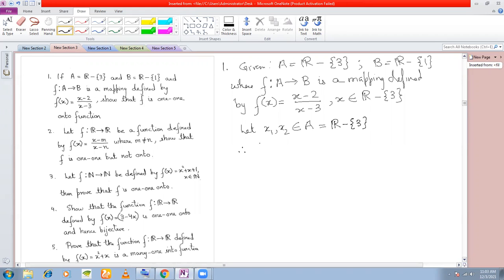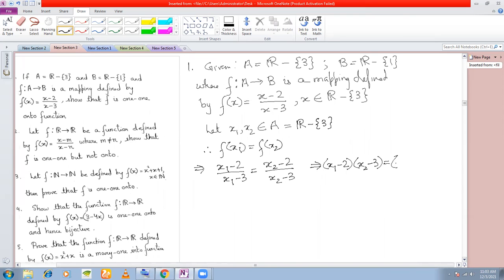So therefore, f(x1) equal to f(x2) means (x1 minus 2) by (x1 minus 3) is equal to (x2 minus 2) by (x2 minus 3). Now you can cross multiply: (x1 minus 2) into (x2 minus 3) is equal to (x1 minus 3) into (x2 minus 2).